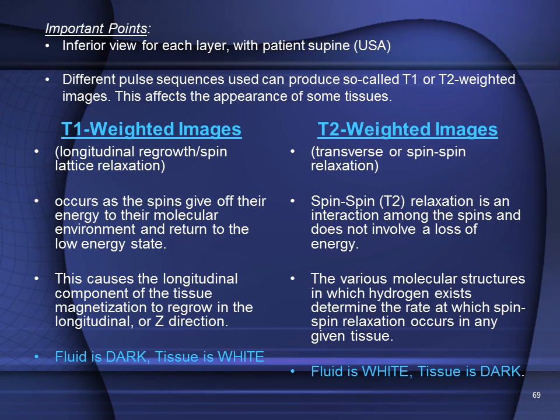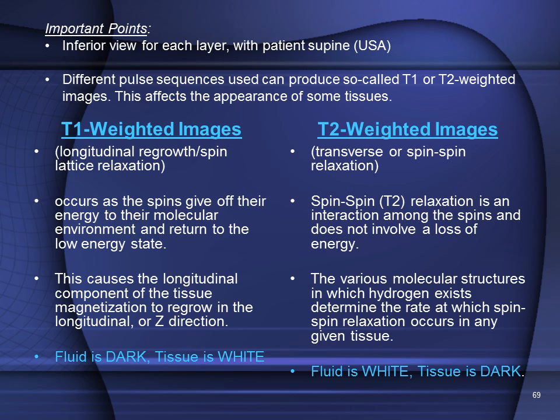This affects the appearance of some of the tissues. In T1 weighted images, there is longitudinal regrowth or spin-lattice relaxation. This occurs as the spins give off their energy to the molecular environment and return to their lower energy state. As a result, fluid is dark and tissue is white.